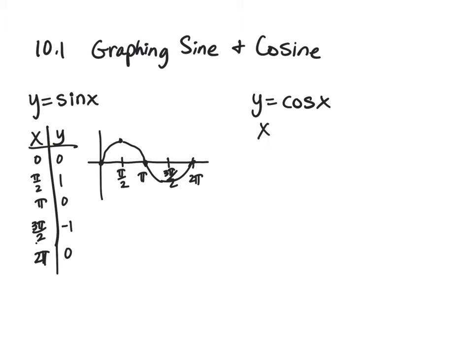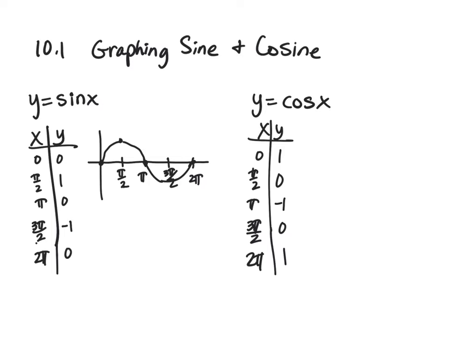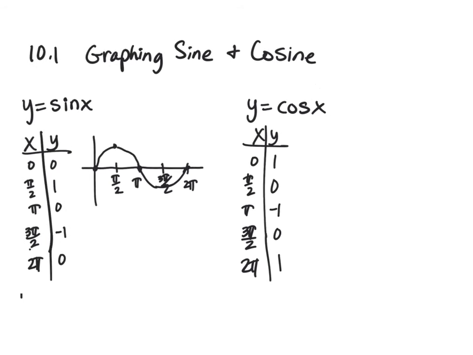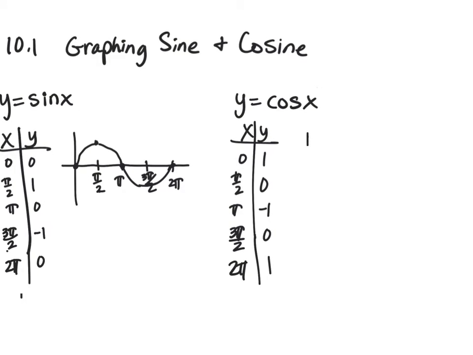Cosine, on the other hand, if you think of how it is on the unit circle, we have the same quadrants: pi over 2, pi, 3 pi over 2, and 2 pi. This would be 1, 0, -1, 0, and 1. So the graph looks very similar to the sine graph, except it's basically starting in a different place.